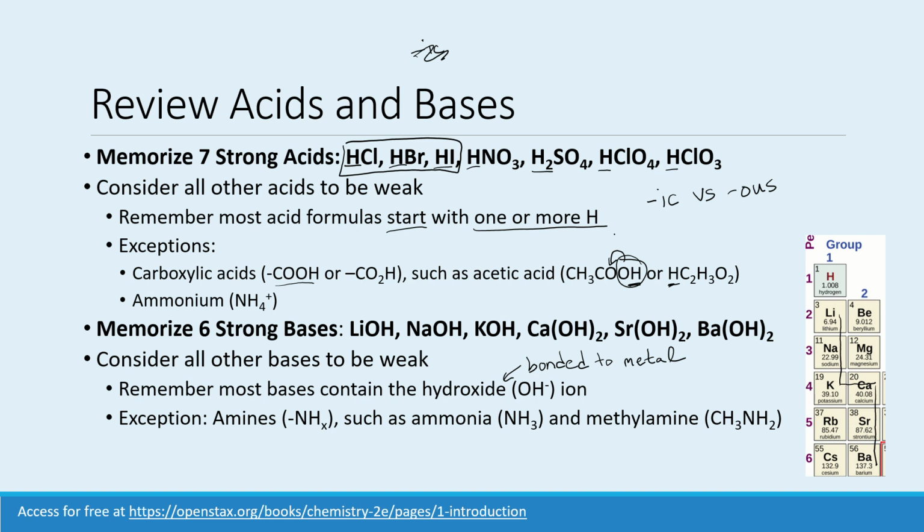So we could increase the chain length and say CH3, CH2, and then NH2. That's still considered a weak base. Or you could start attaching carbons to that nitrogen on either side and still have that weak base, okay? So any amine is going to have a hydrocarbon, typically with a nitrogen attached in there somewhere.